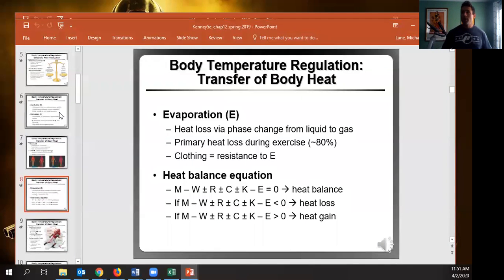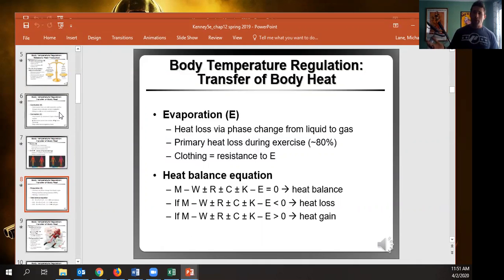Now, evaporation, once again, is when we're having the phase shift from being a liquid to a gas, which removes energy. And so that's where we're going to get a greater amount of energy exchange when we're exercising, but it can be limited depending on the amount of clothing we're wearing, the thickness of the clothing, and the surface area that it's going to cover on our body.